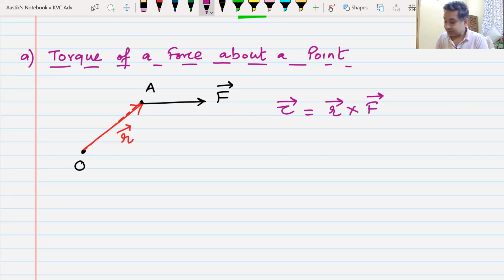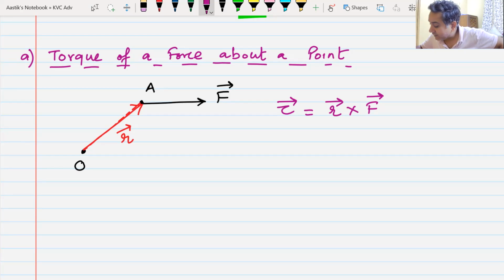That is what we mean by torque of a force about the point. F is the force. A is the point of application of that force. R is the position vector of the point of application of force with respect to the origin O about which you are finding out this torque.